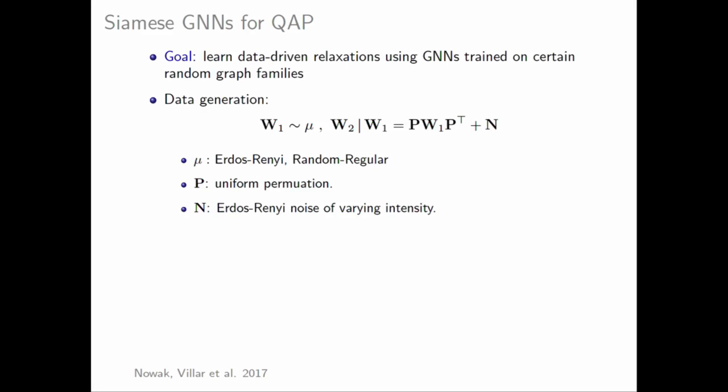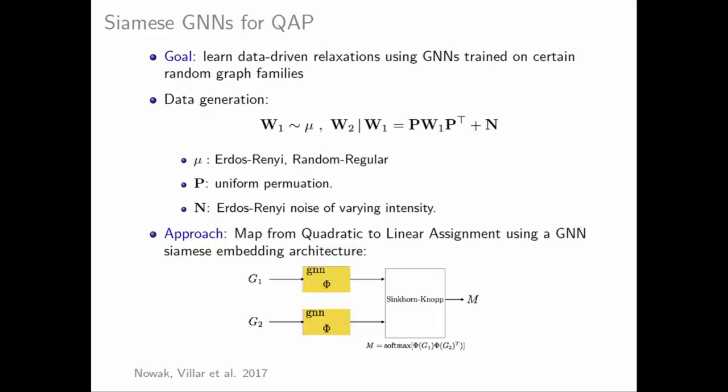We sample a graph from a random graph family, for example Erdos-Renyi or a random regular graph, W1, and then we generate the second adjacency matrix as a random permutation of the first one plus some noise. The noise is just taken to be Erdos-Renyi. As you can expect, the goal of recovering this permutation is going to depend on the signal-to-noise ratio, right? The amount of noise that we include in the system.